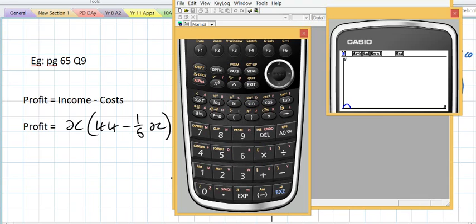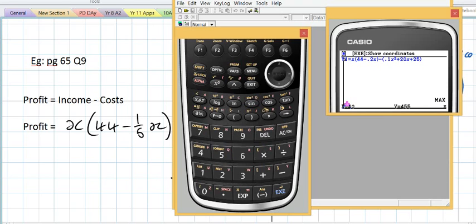Good news is it doesn't really matter. You're not presenting the graph as part of the solution. The fact that the turning point is on there is enough for us. The calculator will find it. G-solve, Max. X is 40, Y is 455. Meaning that they produce 40 toasters a day and make $455 a day, and that's their maximum. Any less than that, and they'll make less money. Any more than that, and they'll make less money.